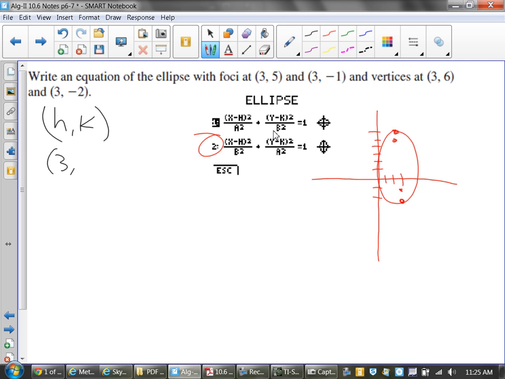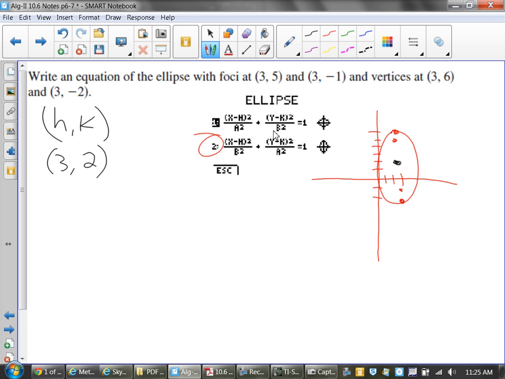Now I just have to find the midpoint. So what is 6 plus -2? What's half of that? Finding the center should never be difficult. So my center is at (3, 2). How far apart is (3, 2) from (3, 6)? 4.